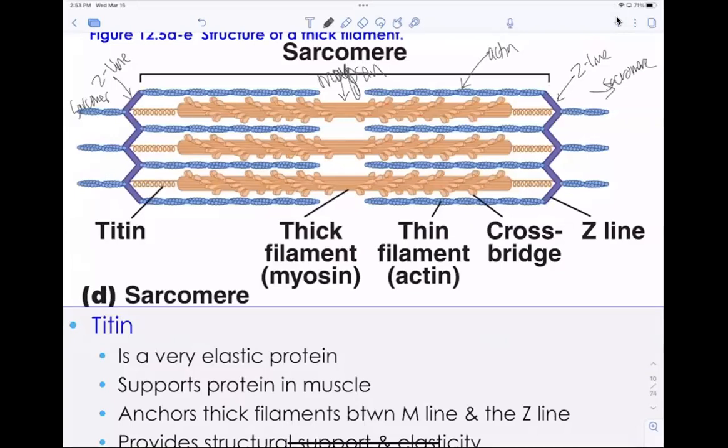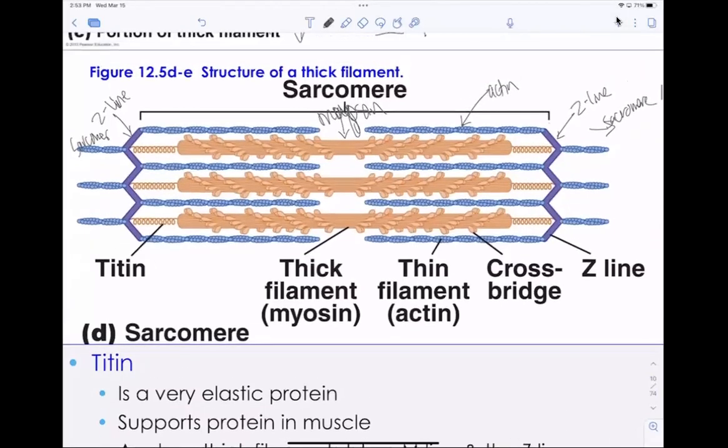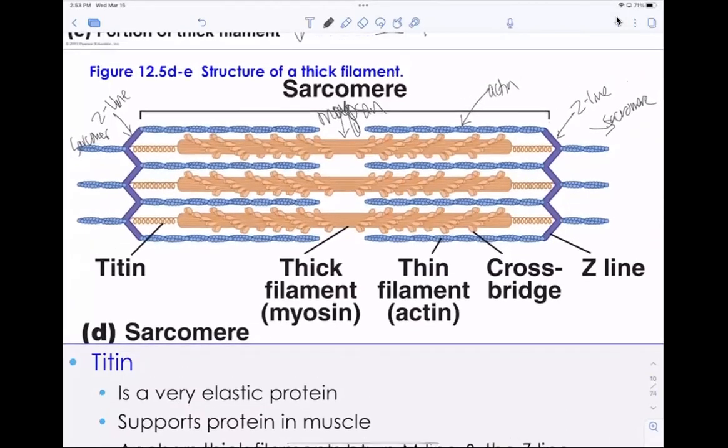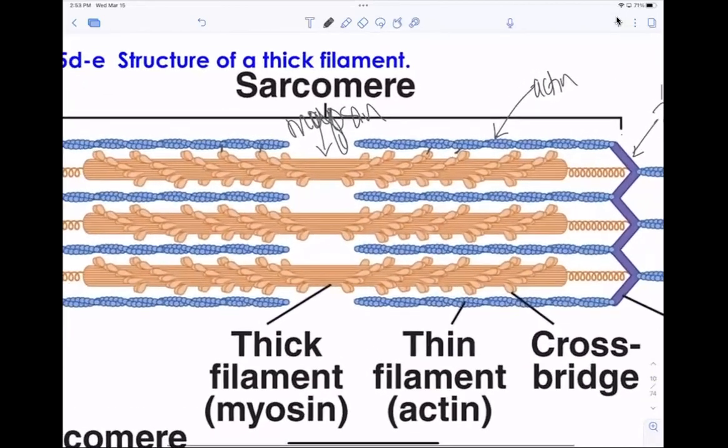Each sarcomere, if calcium is let out and binds, is going to have the ability to cross bridge. And when it cross bridges, those myosin heads are going to pivot towards the midline, and that slides the actin strands this way. Myosin's not moving. Actin strands are being pulled over the myosin.